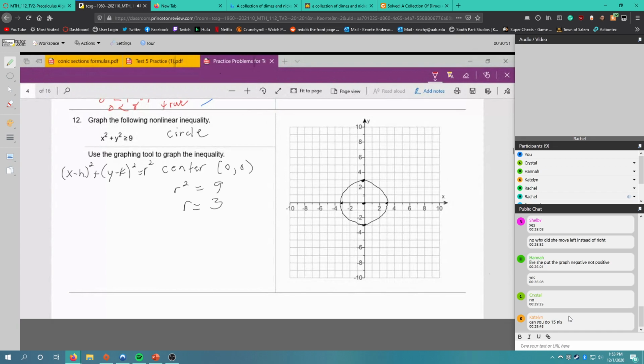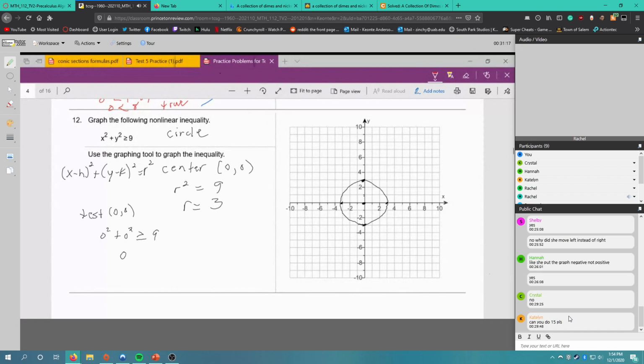And then do a test point that's not on the circle. So any point that's not on the actual outside of the circle, you can test. So I can test 0, 0. So that'll be 0 squared plus 0 squared is greater than or equal to 9. So I'm just plugging into the function.